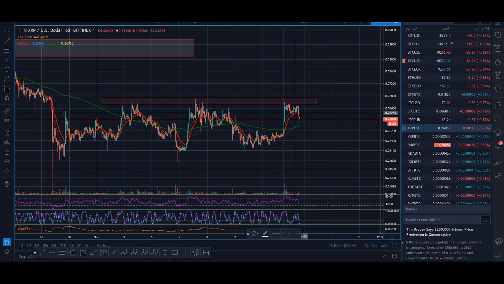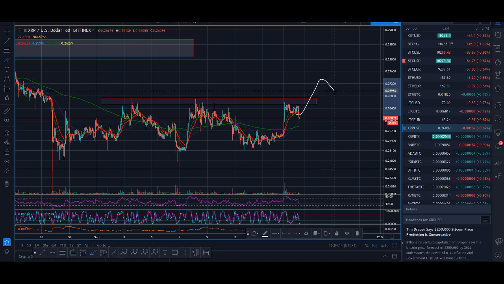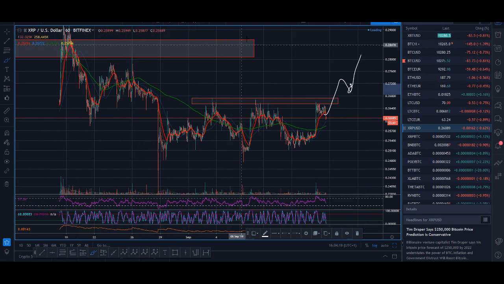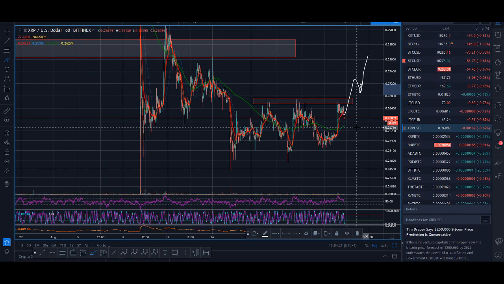I'll keep you guys up to date in the group, but if it breaks above here, pullbacks to my red moving average, and then we'll buy it here to ride it up and take some profits off at this red zone, and then see if it can carry on.